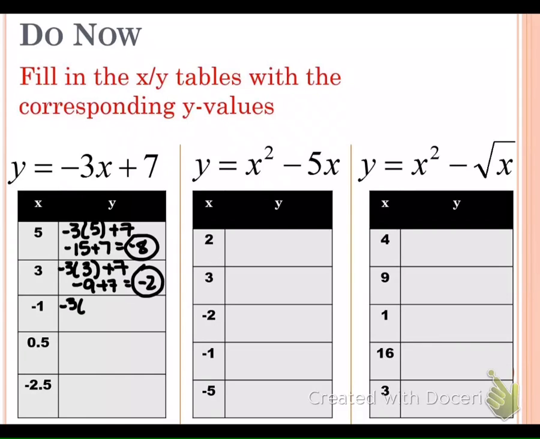Negative 3 times a negative 1 plus 7 is going to give us 3 plus 7 or 10. Negative 3 times 0.5 plus 7 is going to give you negative 1.5 plus 7 or 5.5.